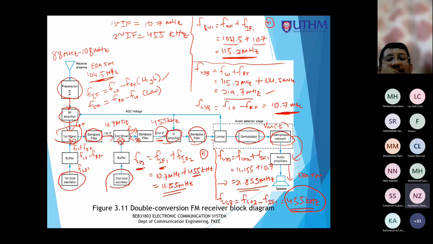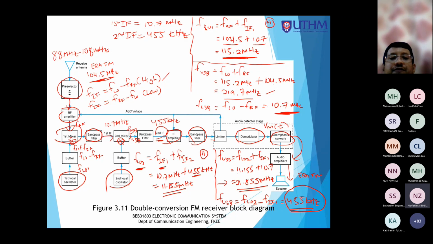In my example, I'm using a high side injection, so I must make sure that my local oscillator frequency is higher than the input. That's why you see that my FLO is a frequency plus another frequency, which is higher. Since we want to down convert, we take the lower frequency and remove the upper side frequency.